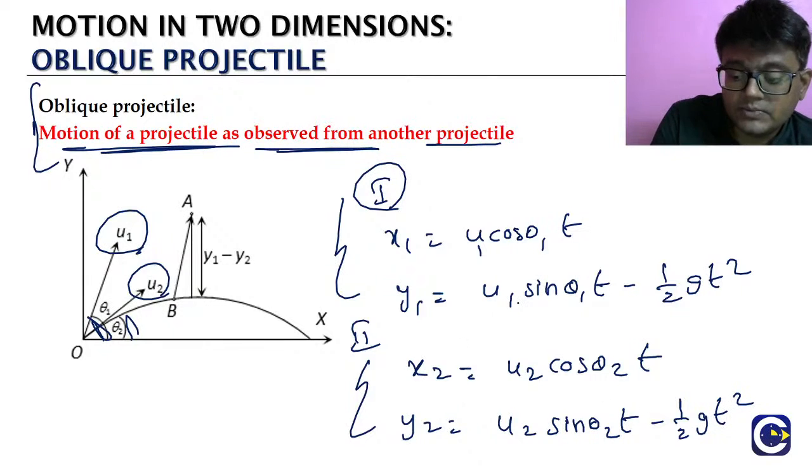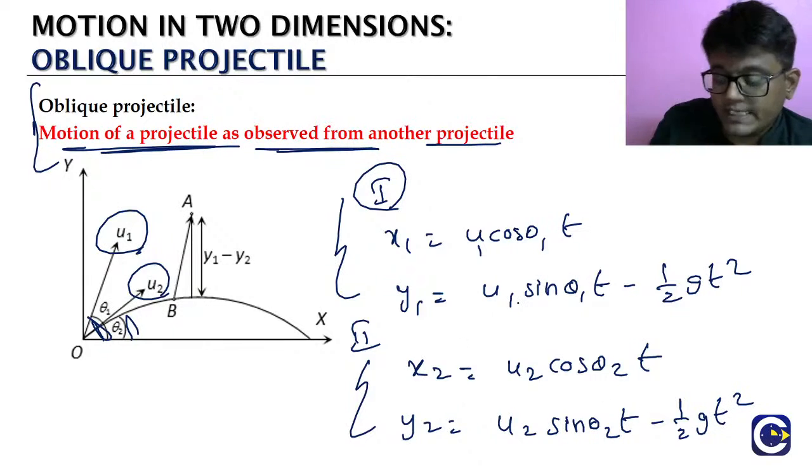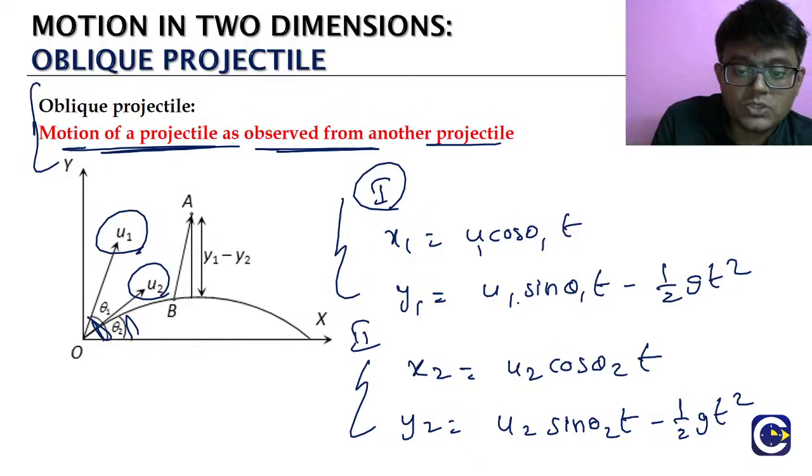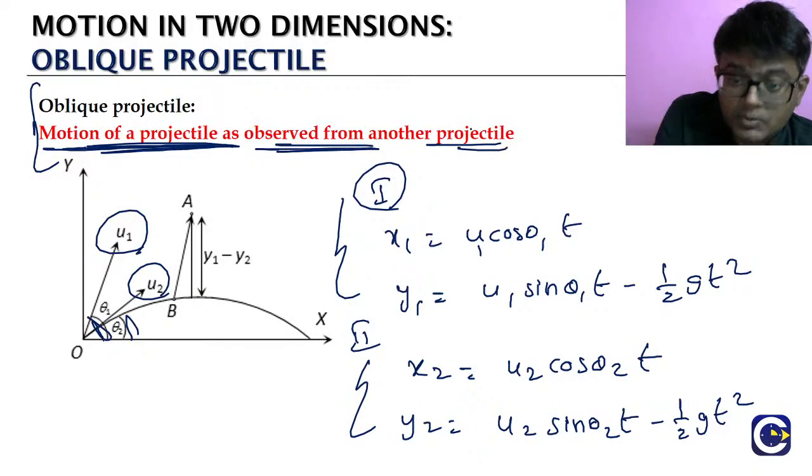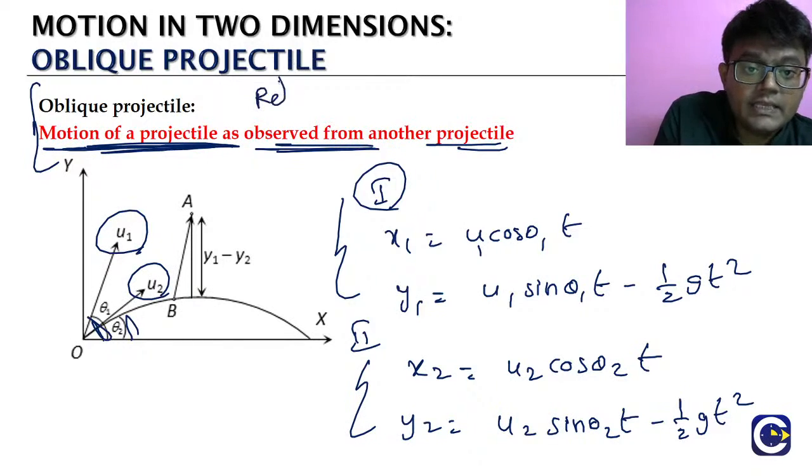So in the first projectile location coordinates, second projectile location coordinates நம்ம எடுக்கிறோம். Okay, இப்போ என்ன தெரியுமா, we want to look at motion of a projectile as observed from another projectile. இது என்னது? The relative motion or relative position.